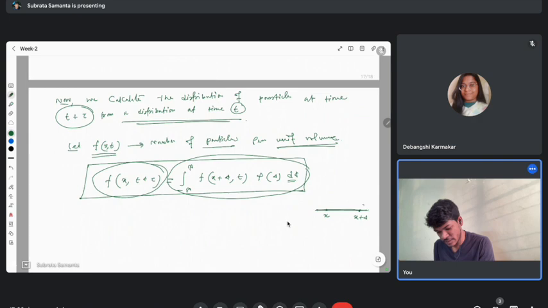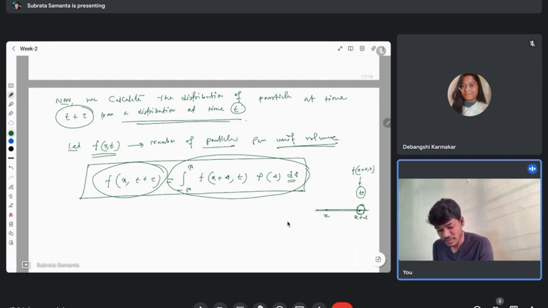At this point, at a particular time t, the distribution is f of x plus delta, t. Now this distribution evolves to, let's say, time t plus tau at x. So the time after tau is now t plus tau.